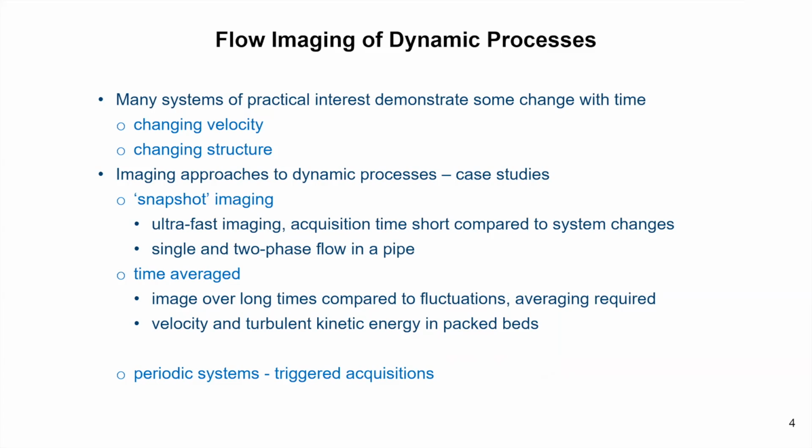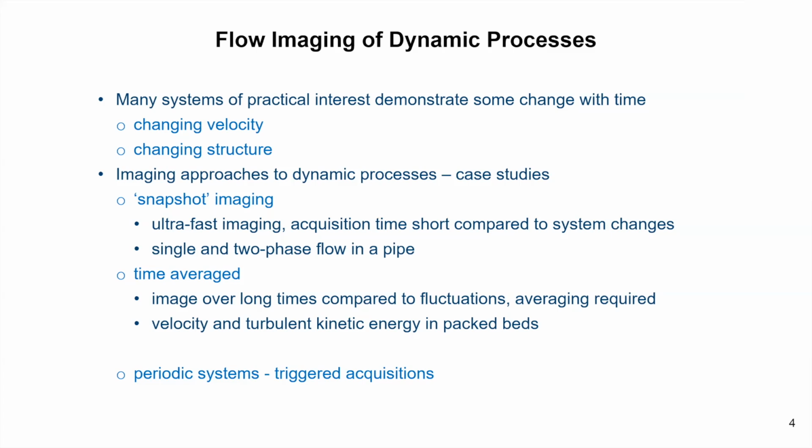It doesn't have to be, but may well be, where you need to keep the acquisition time short compared to any system changes. This gives you an information rich set of data. You can look at all of those fluctuations. I'll look briefly at single and two-phase gas liquid flow in a pipe for that.